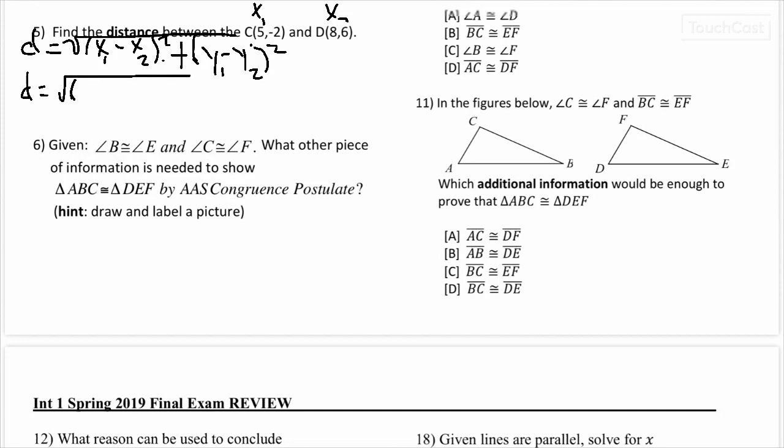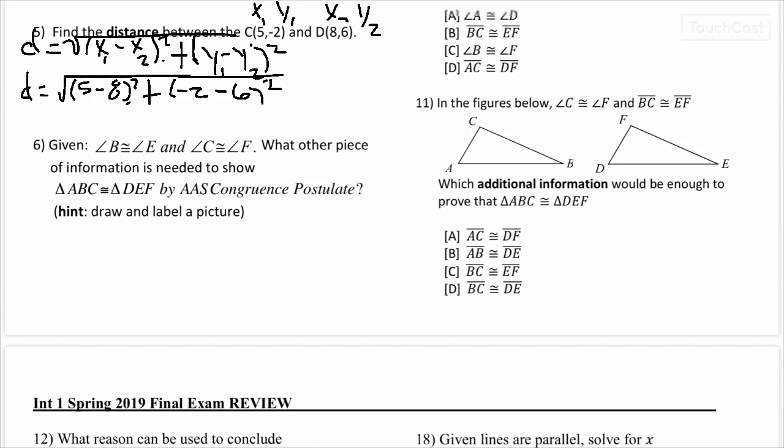So it would be 5 minus 8, and then I square it, plus, and then the y's, and that would be -2 minus 6. And we'll square it, make sure the square root goes all the way down. And as you can see, I don't have enough room. My stylus does not have a fine point on it.